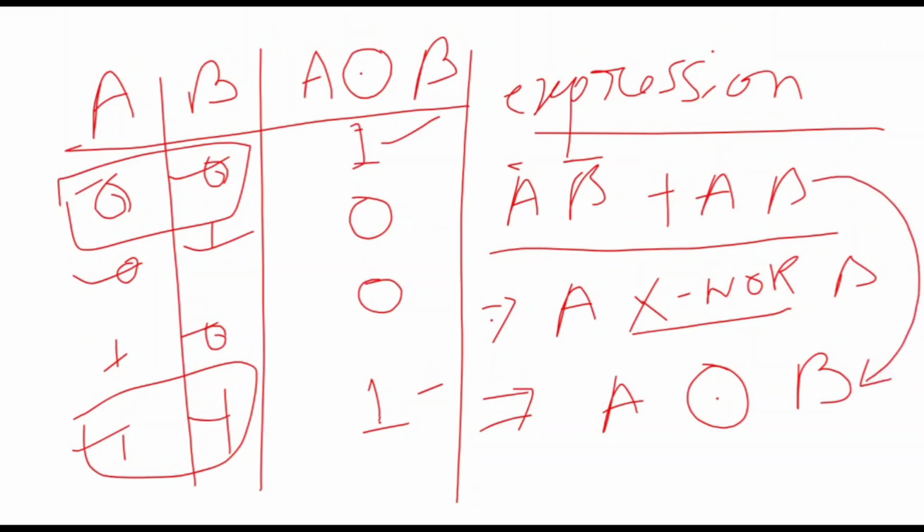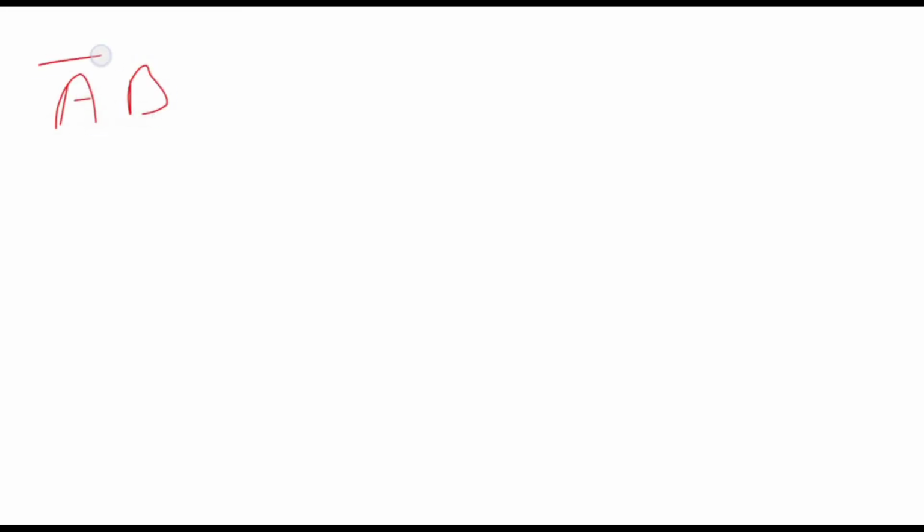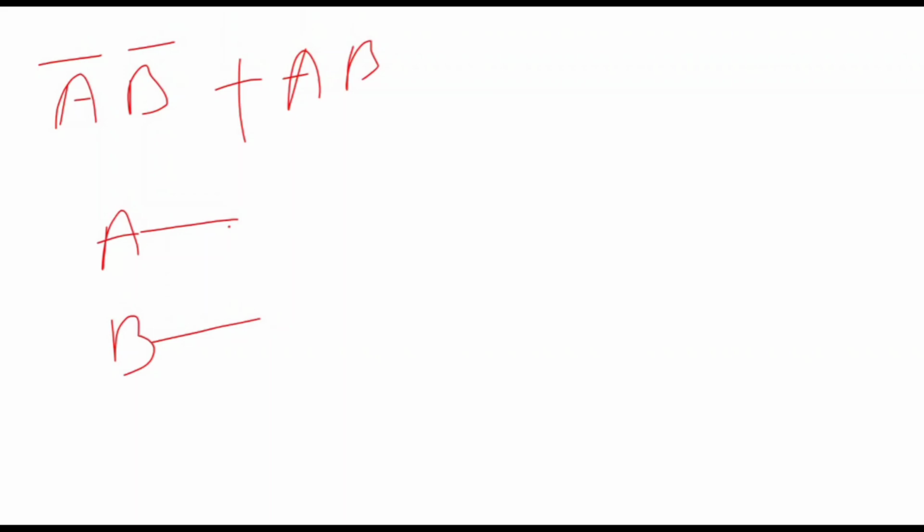Now we draw the circuit using basic gates, and then we will draw using a compound gate. So for this, we see that there are two variables A, B. Now what we see is A in its complement form. We know that when a variable is in complement form, we use the NOT gate.